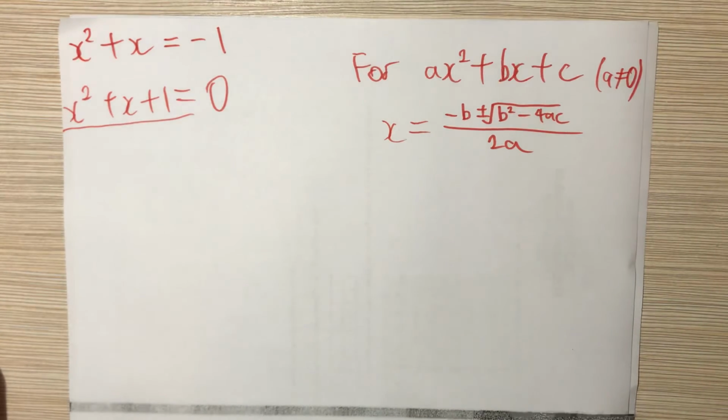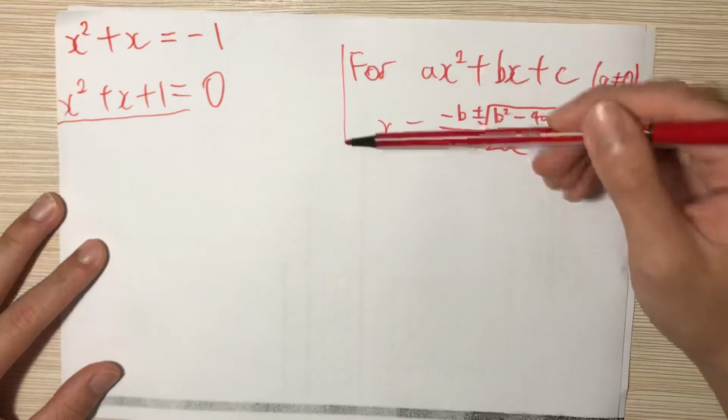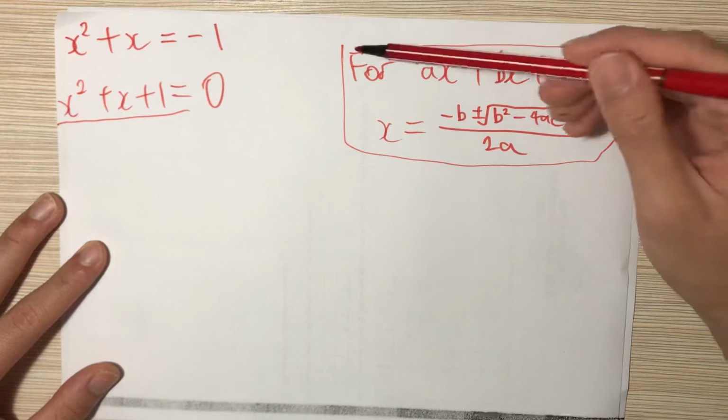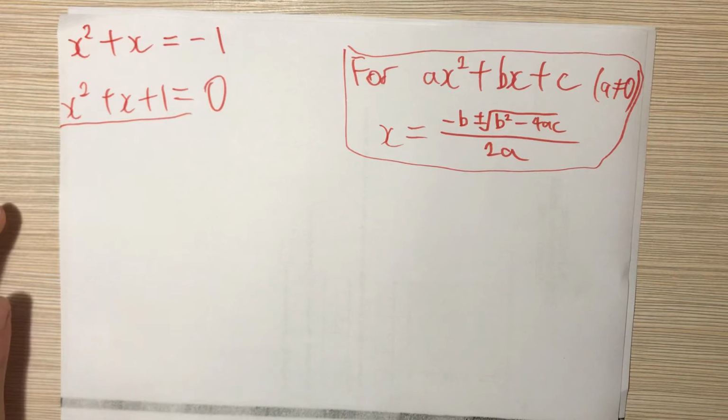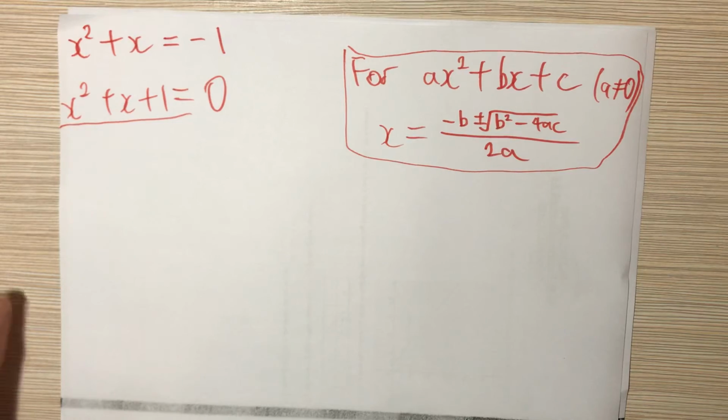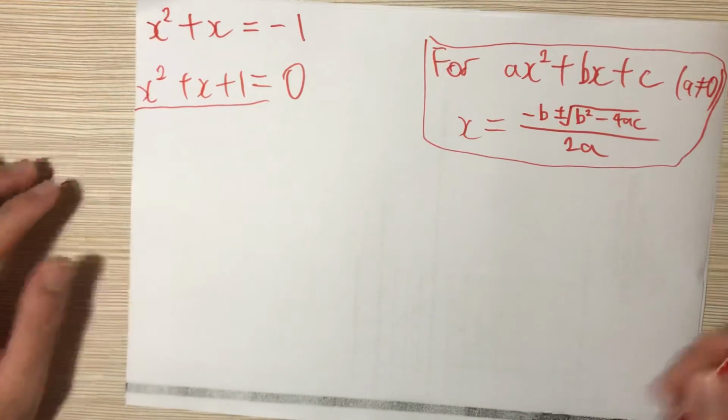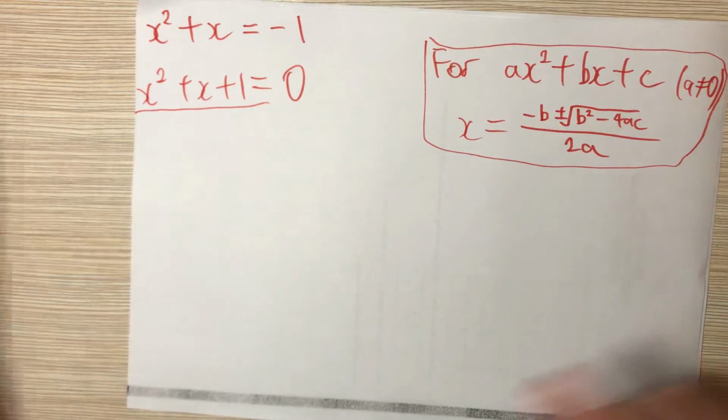Now why? I will absolutely make another video explaining why x will be equal to negative b plus or minus the square root of b squared minus 4ac over 2a. With this formula, this can easily be solved.